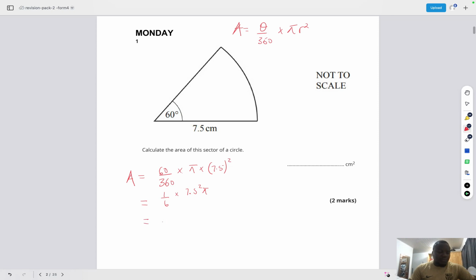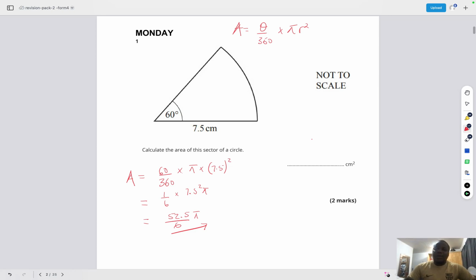We need to simplify that. We know that 7.5 times 7.5 gives 52.5 over 6 pi in terms of pi, since I'm not using a calculator to simplify, but you can then have your answer written as a decimal by simply dividing by pi.